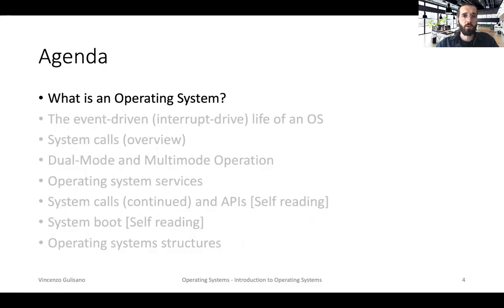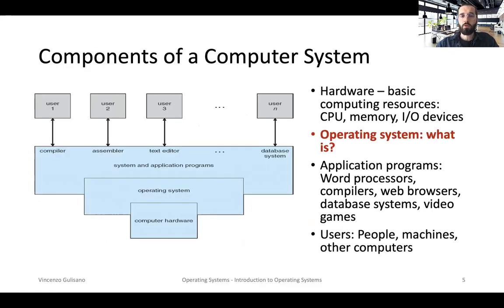Let's start with what is an operating system. So there are different layers that you can think of when you think about a system or, say, a computer together with the users that are working with it. Okay, so you have the hardware, you have the operating system, you have the set of applications that are being run on the operating system, and then you have the different users.